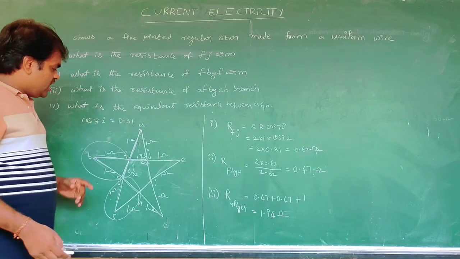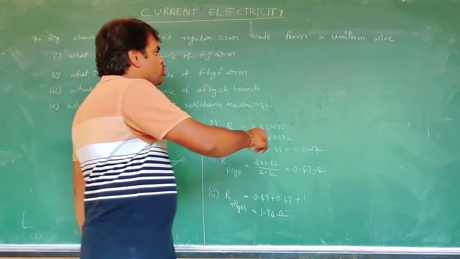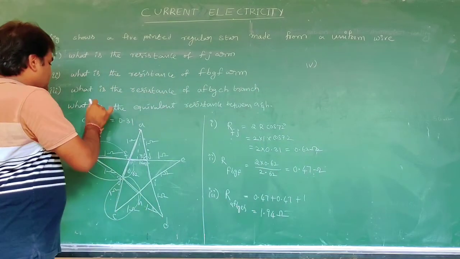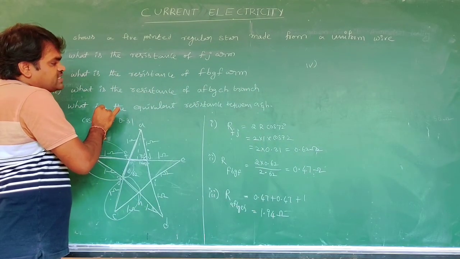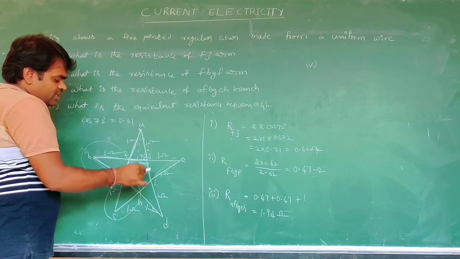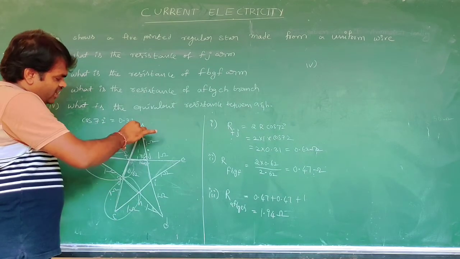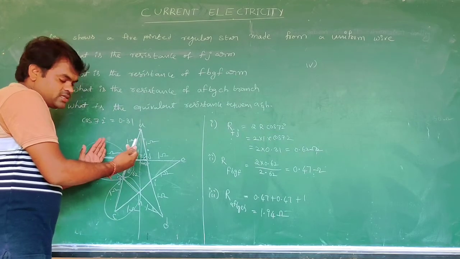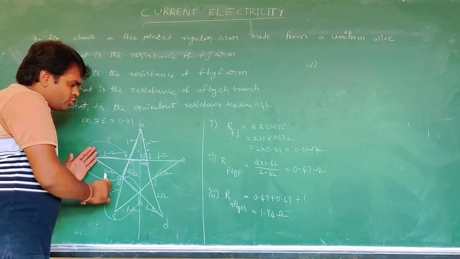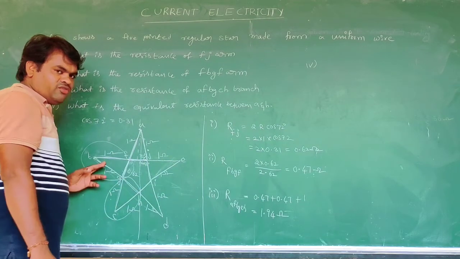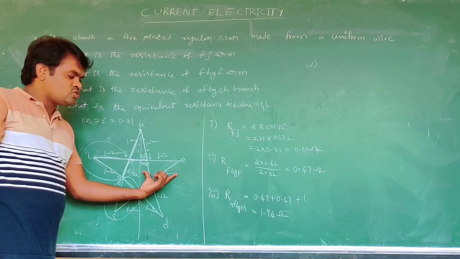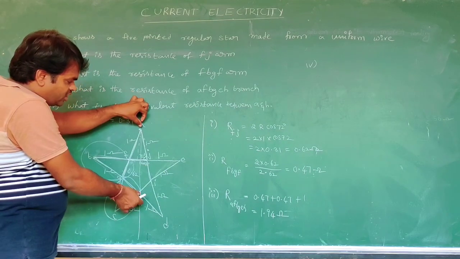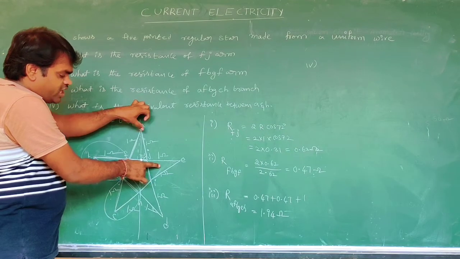Now the fourth one, you see. What are they asking? What is the equivalent resistance between A and H? You see in the star, it is exactly in the middle, symmetrical on both sides. That's why this side total resistance we have found is 1.94. This side total resistance we have found is also 1.94. That means both at these 2 points, these two are in parallel.